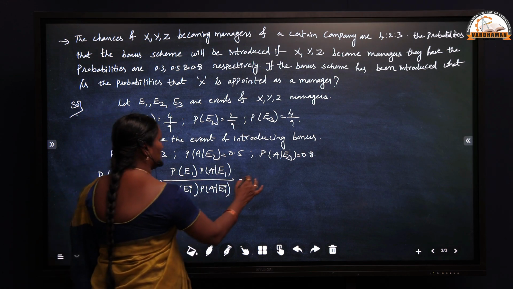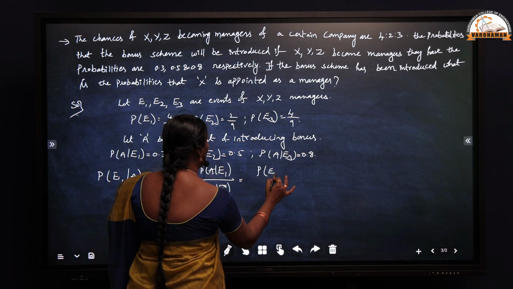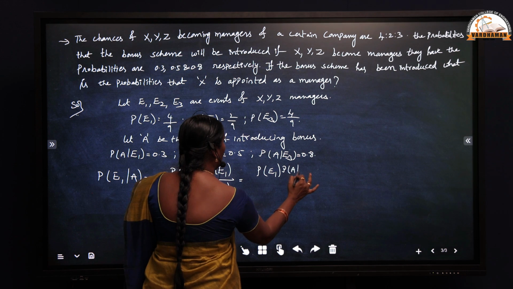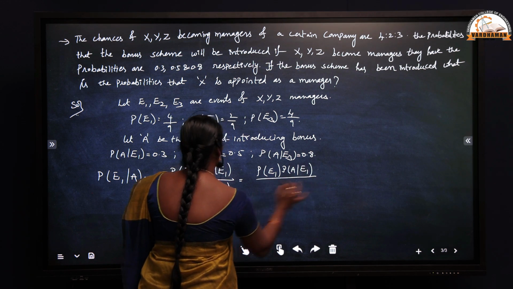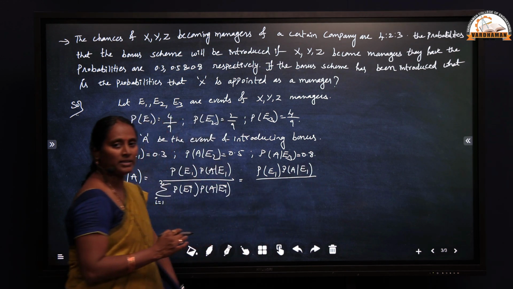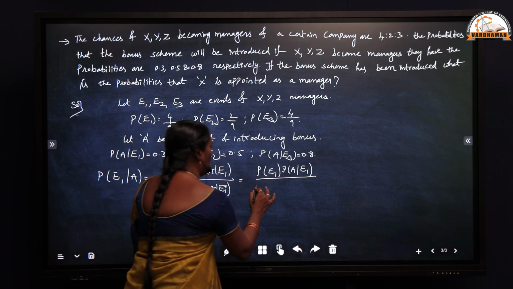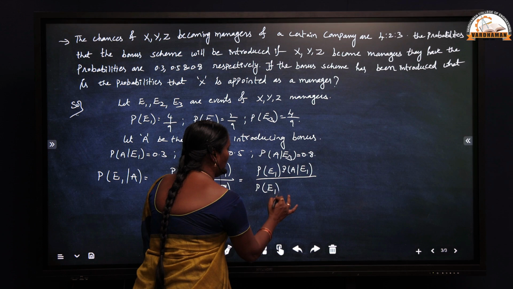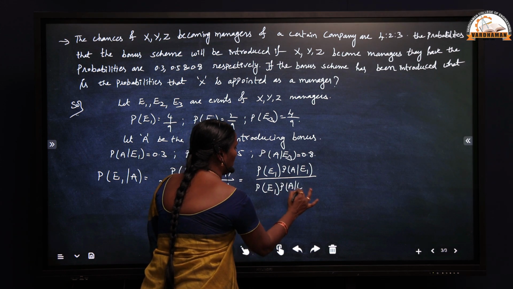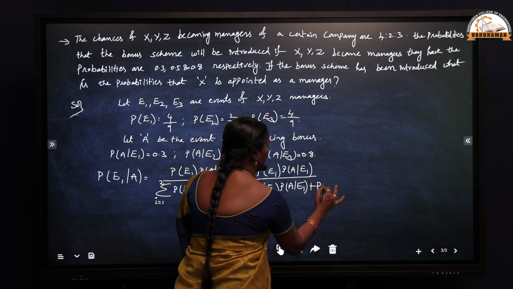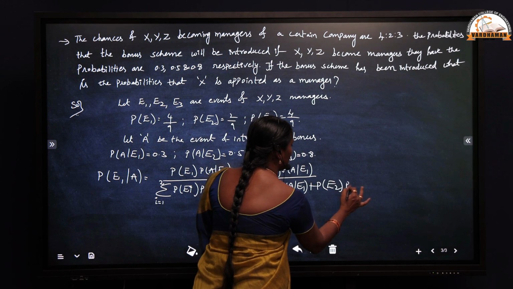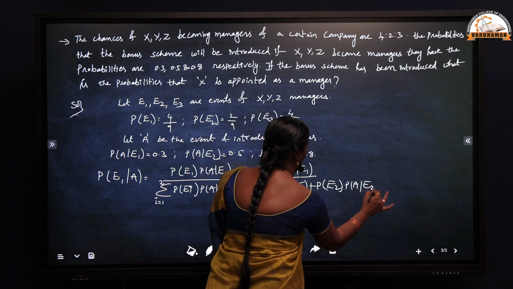The denominator will be P of E1 into P of A given E1, substituting first i as 1 and then i as 2. So P of E1 into P of A given E1 plus P of E2 into P of A given E2.